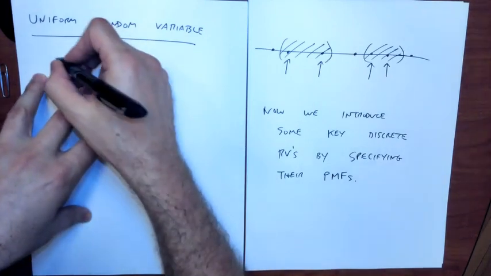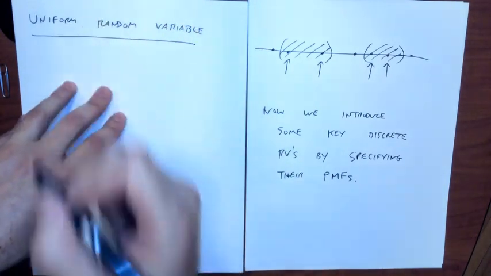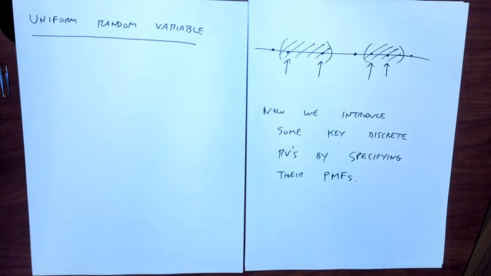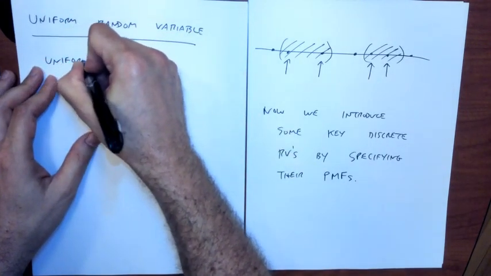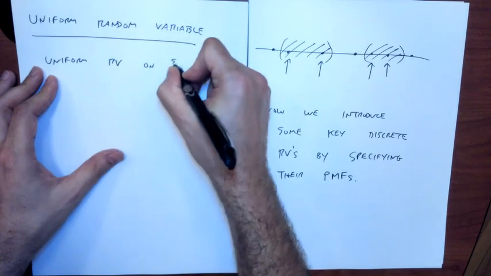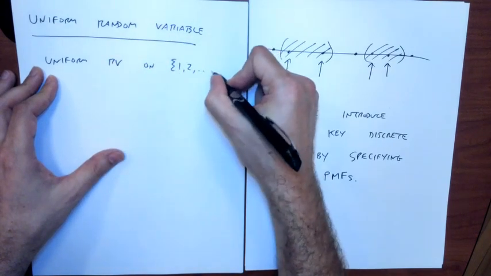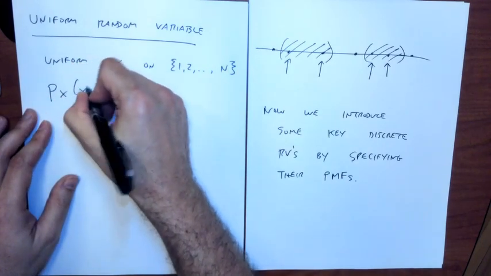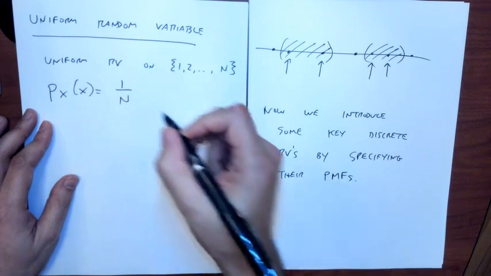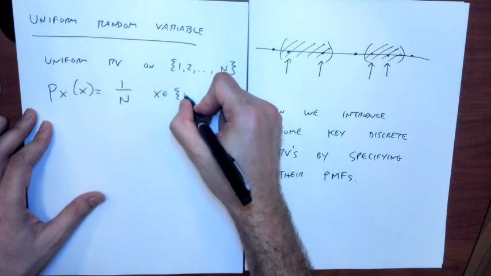So in order to talk about the uniform random variable, I need to give you a range. I have to say, what are the values that I'm talking about? Am I talking about a 4-sided die or a 6-sided die? So a uniform random variable on the list of numbers 1, 2 through n is specified by the PMF 1 over n for x in this set of possibilities.